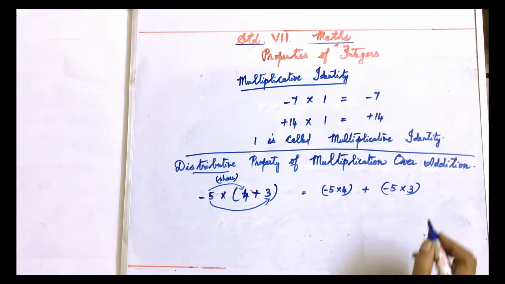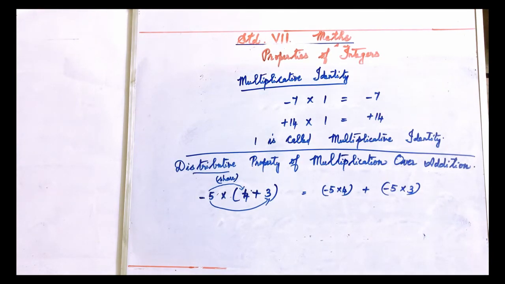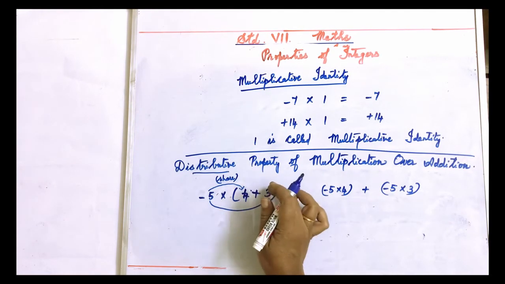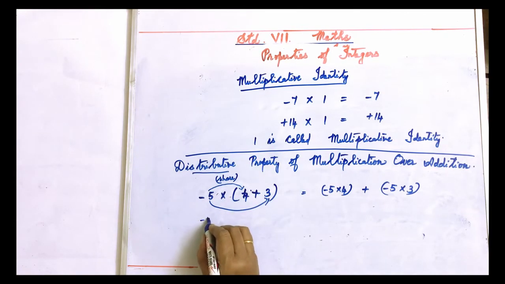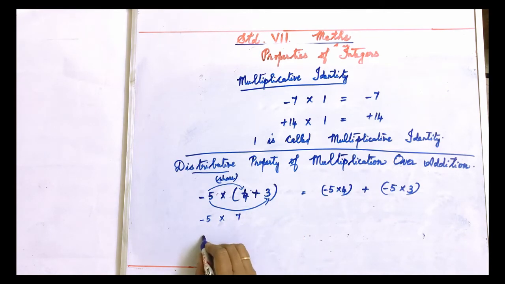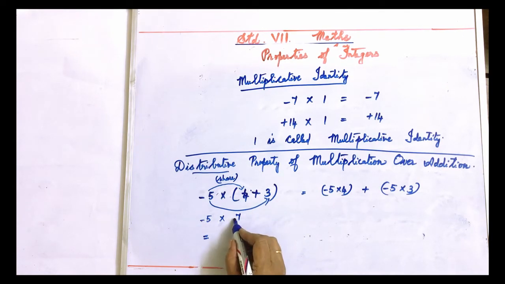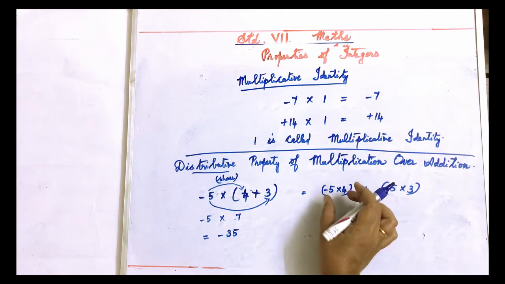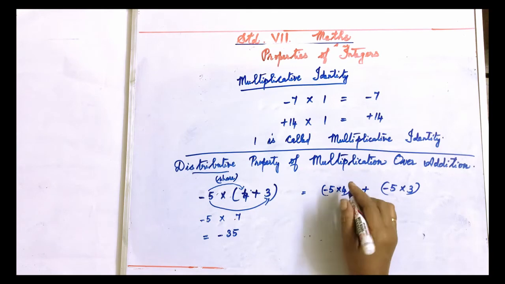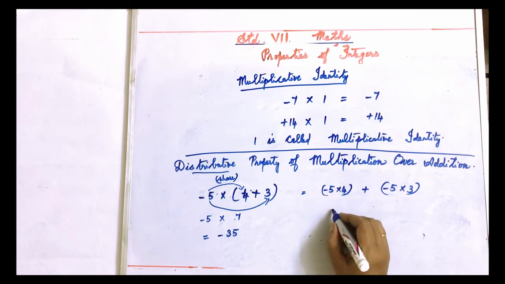Now we shall check whether this property is true. First, considering the left hand side, we have to add the numbers within the brackets. So minus 5 into 4 plus 3 is 7. Now multiply. Minus, here no sign, so it is plus. Minus into plus is minus. 5 sevens are 35. On the right side, first we should multiply the two brackets, after that you should add. So minus 5 into 4, there is no sign, so minus into plus is minus. 5 fours are 20.